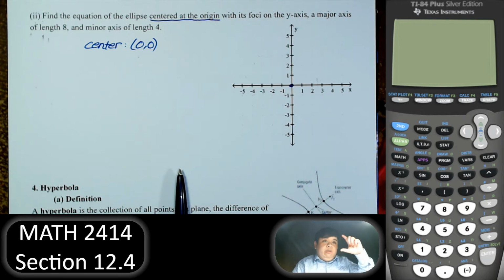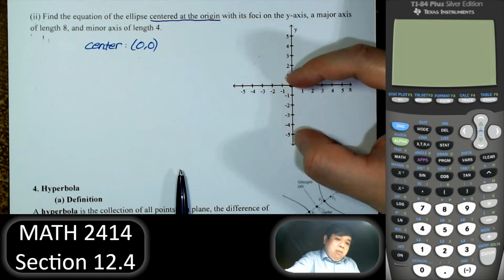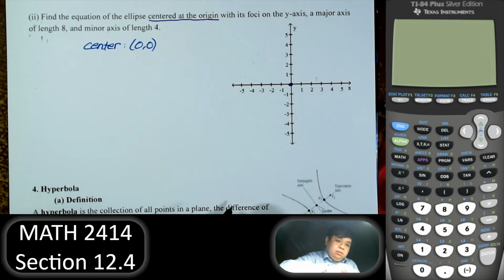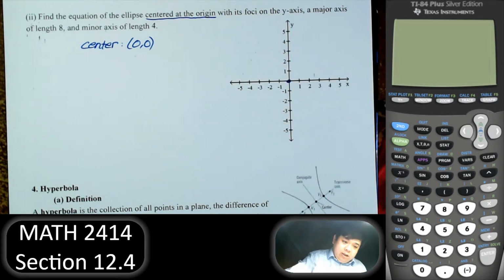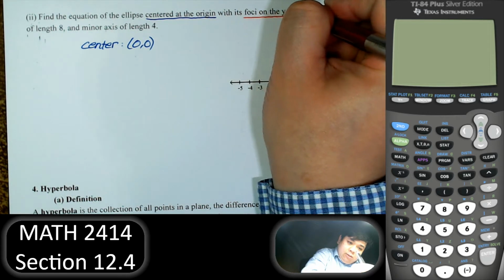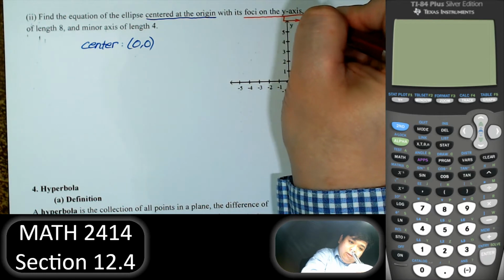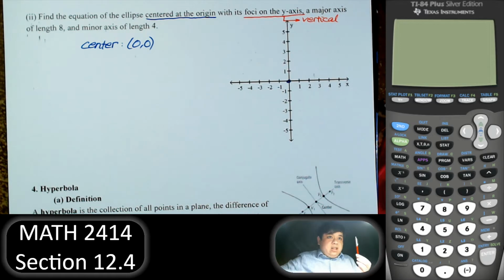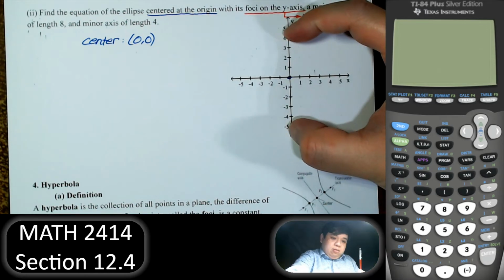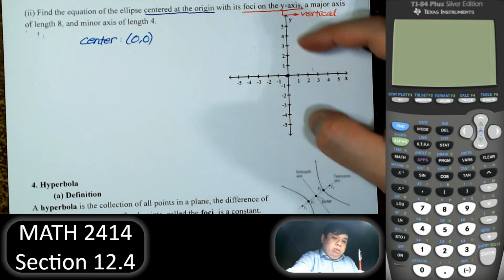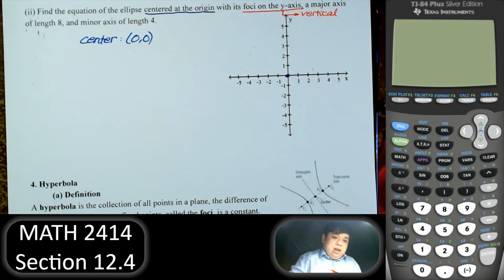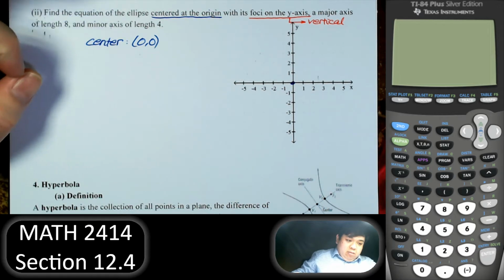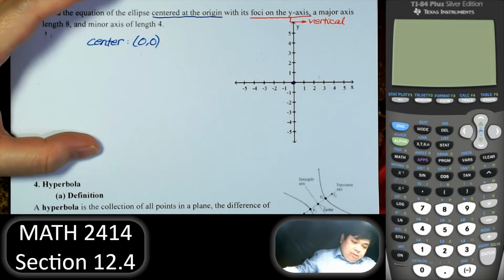By the way, if the foci are on the y-axis, meaning that this is going to be a vertical ellipse. So everything will be a vertical ellipse. Then the length of the major axis is 8 and the minor axis is 4.